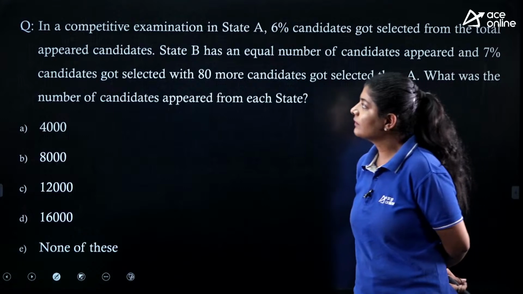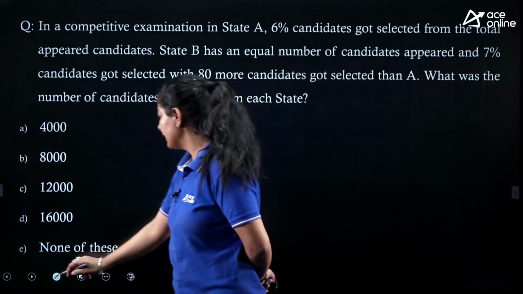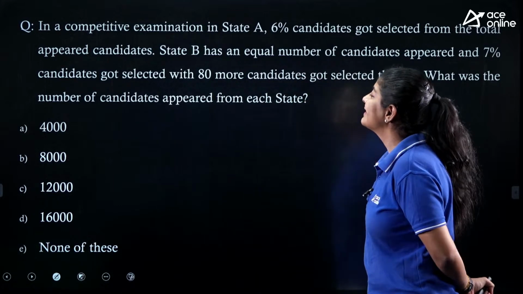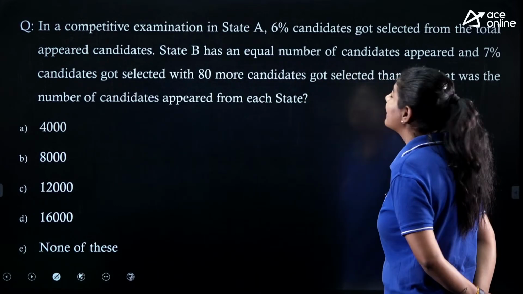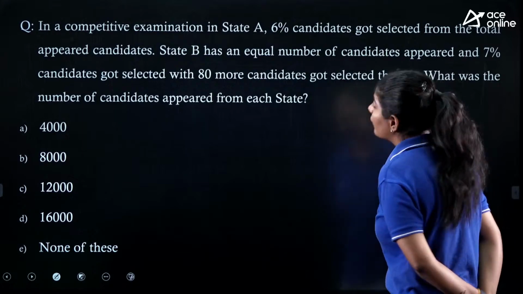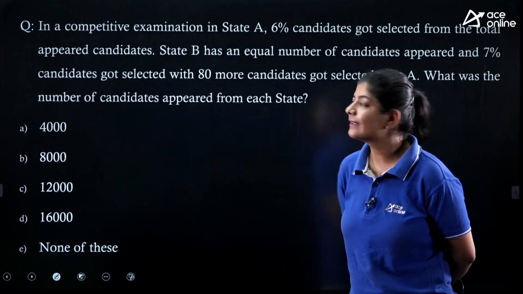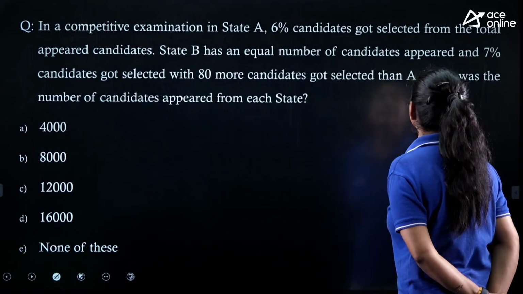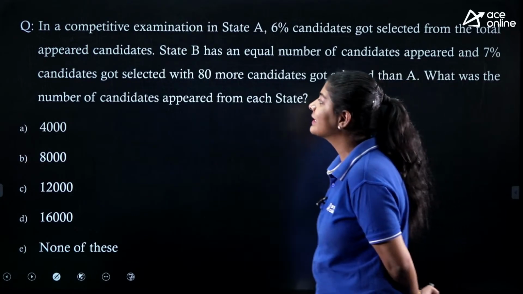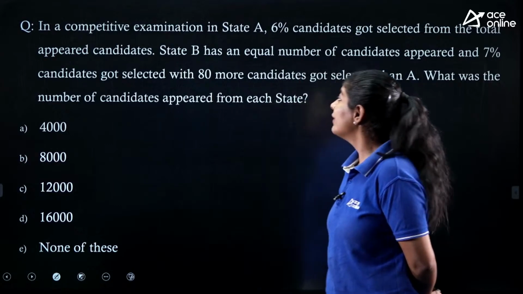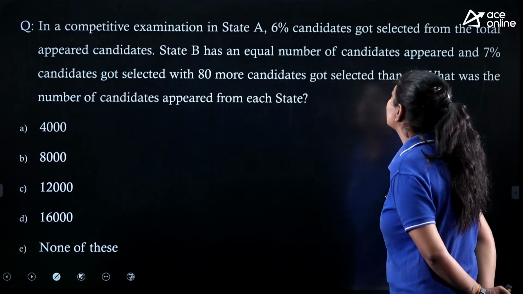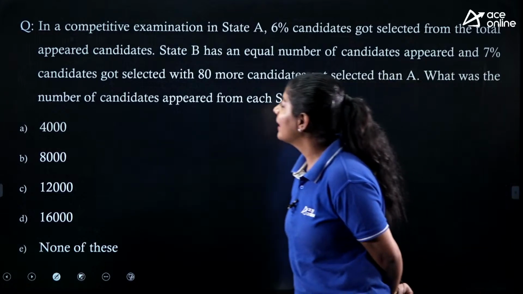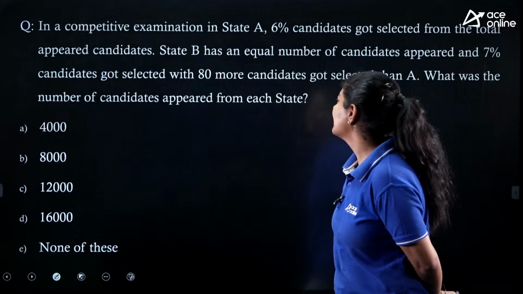Next. The next question says that in a competitive examination in state A, 6% of candidates got selected from the total appeared candidates. State B has an equal number of candidates appeared and 7% of candidates got selected, with 80 more candidates selected than A. What was the number of candidates appeared from each state?